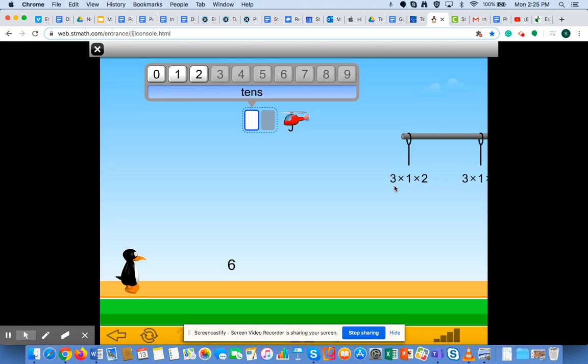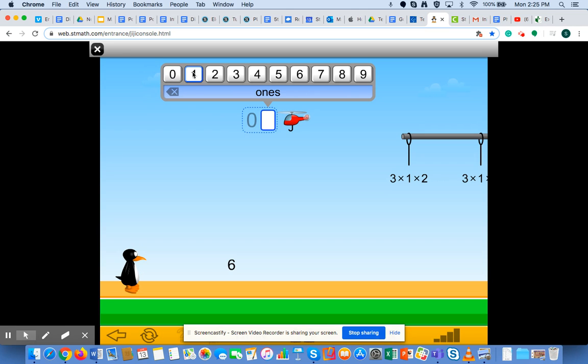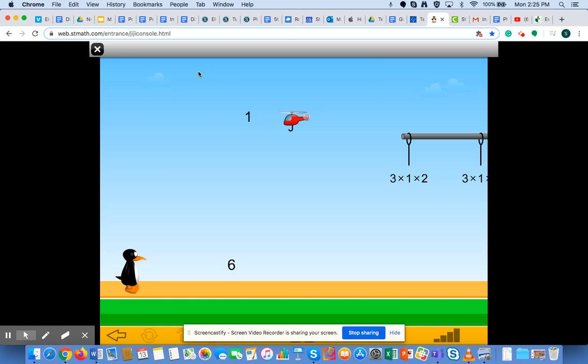So if I know that 3 times 1 is 3, then my new problem becomes 3 times 2, which I know is 6. And so that means that I only have to have one of these to equal 6. So that means in my tens place there would be a 0, and in my ones place there would be a 1.